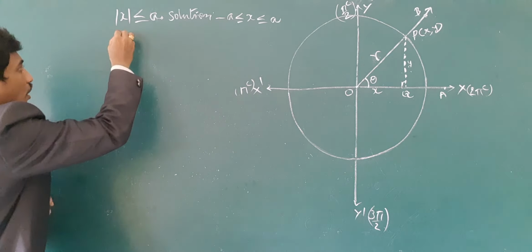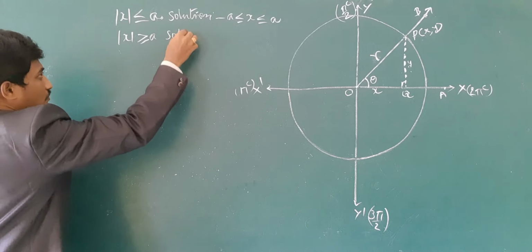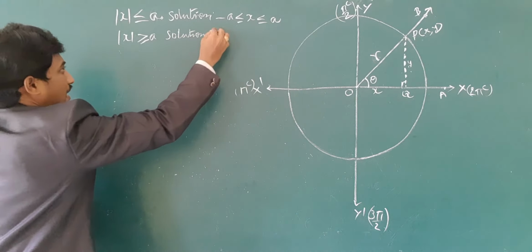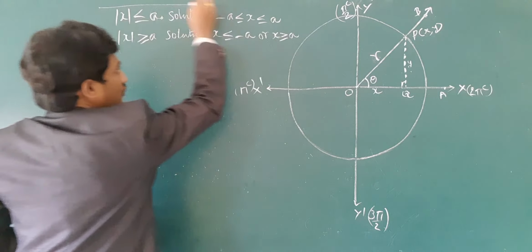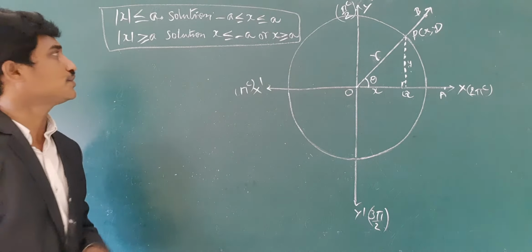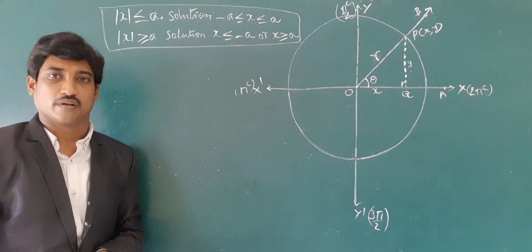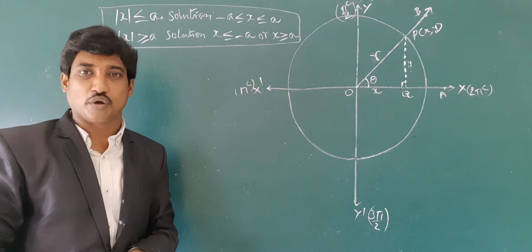One more, modulus x greater than or equal to a has the solution x less than or equal to minus a or x greater than or equal to a. We are well known with these formulae. Let us use these formulae to find the range of trigonometric functions.